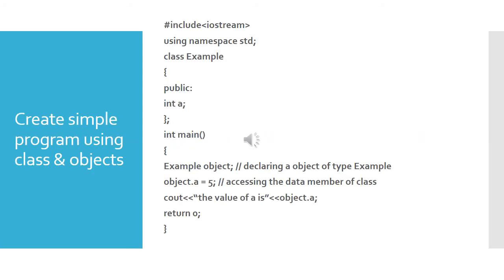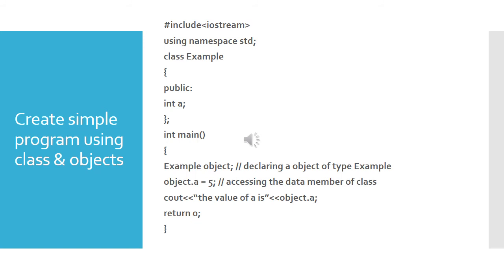As you can see, this is an example of a class using the main function. A class called example has a data member integer a, and in the int main function you're creating an object of the class example. The data member, which is specified as public, can be accessed outside the class.